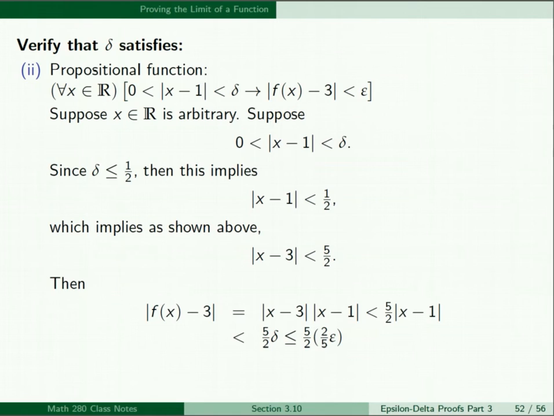That's because delta is less than or equal to 2/5 epsilon. And the 2/5 and 5 halves cancel, leaving us epsilon. So this proves the conclusion of our propositional function, and this proves the existential statement, and thus the limit as x approaches 1 of f of x is equal to 3.